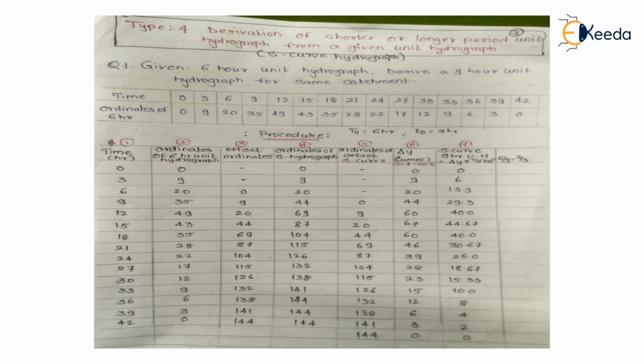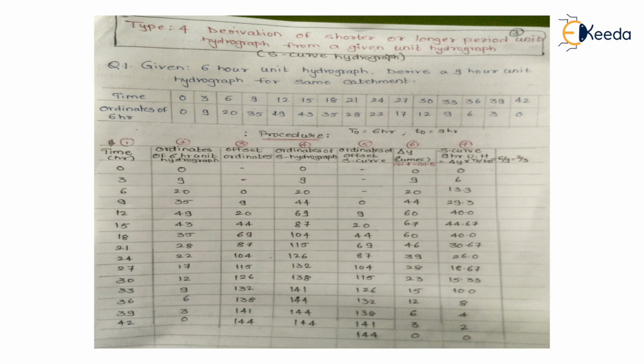So column 4 minus column 5, horizontally: 0 minus 0, 9 minus 0 is 9, 20 minus 0 is 20, 44 minus 0 is 44, 69 minus 9 is 60, 87 minus 20 is 67, 104 minus 44 is 60. Likewise, after subtracting, our ordinates will go from 0 again up to 0. So easily we can find it out.